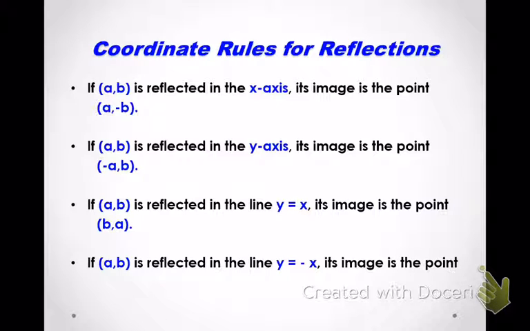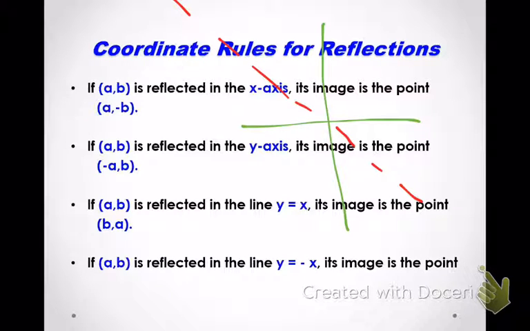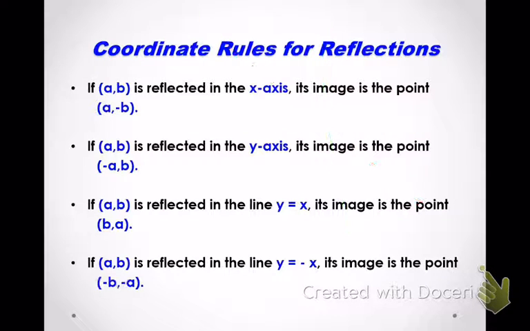If you have the line y equals -x, here's your coordinate plane, then the graph of that is this dotted line. If it's negative, the rule for that is -B, -A. So you change the order and both the signs.